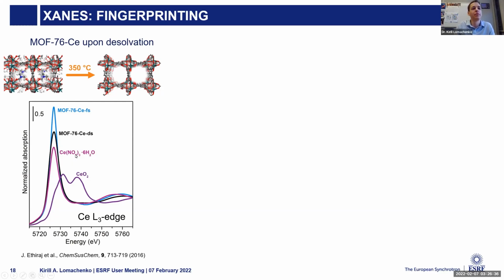And then we measure the spectrum of our MOF, metal organic framework, before desolvation, so fully solvated, and after desolvation, so desolvated. And already, even not being a big expert in XAS, you can probably guess that cerium remains cerium 3+. Cerium in our material remains cerium 3+ upon desolvation.